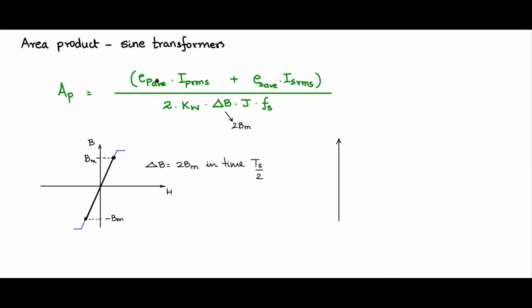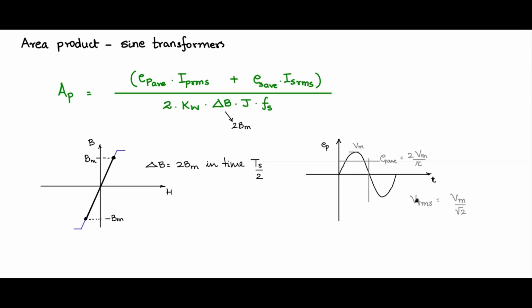Next, for the averages, if you take a sine wave, Vm sine omega t, the EP half cycle average will be 2 Vm by pi, and we know the RMS value is Vm by root 2.